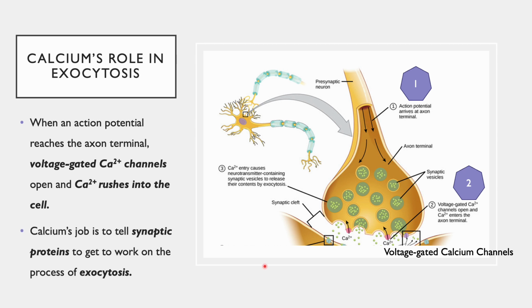Calcium's job is to tell synaptic proteins to get to work on the process of exocytosis. So a key takeaway I want you to know from this slide is that calcium must enter into the synapse to allow synaptic vesicles to release neurotransmitters. And this is known as exocytosis.